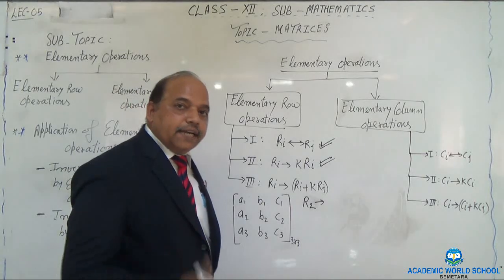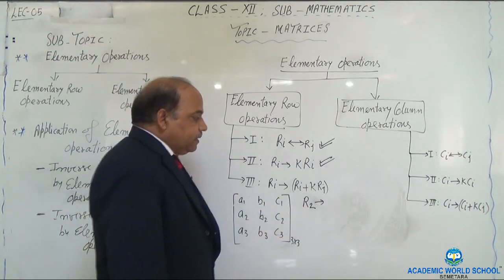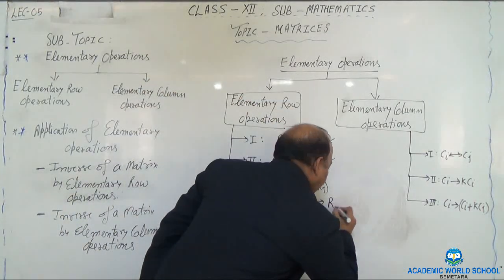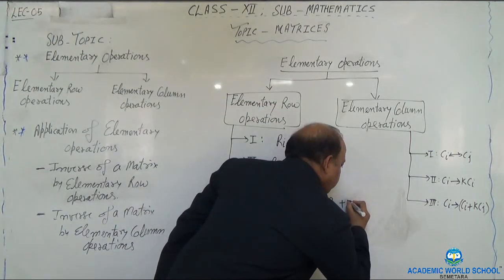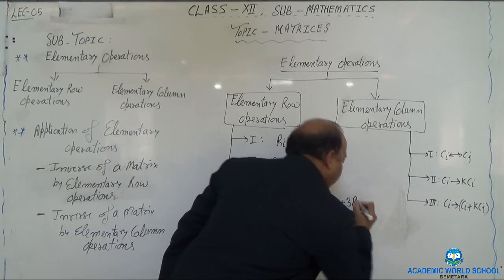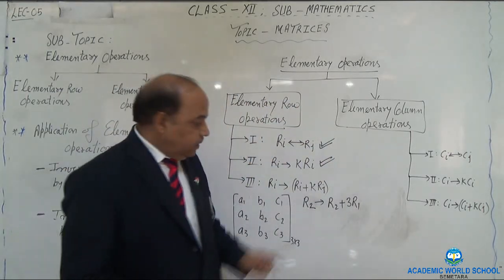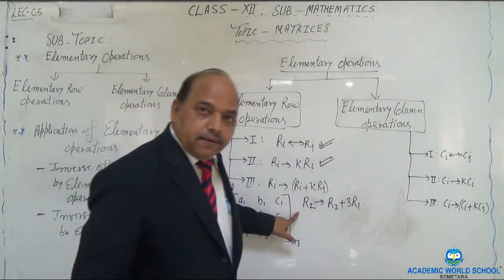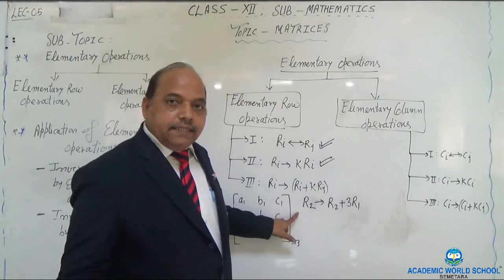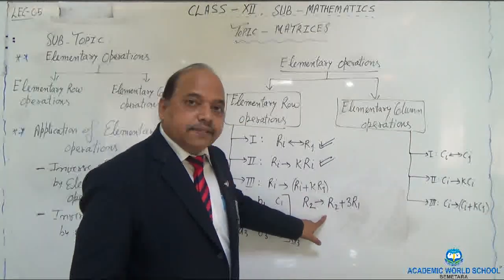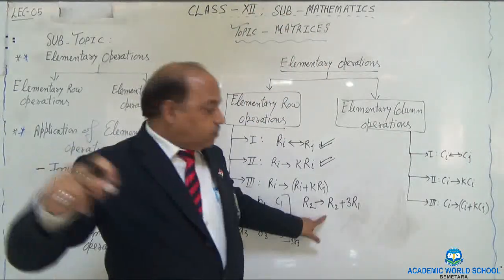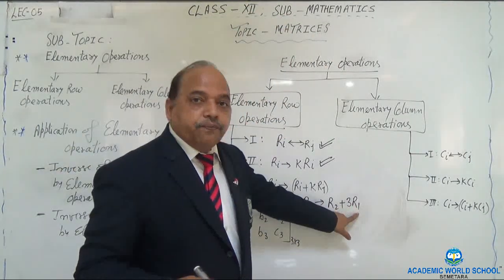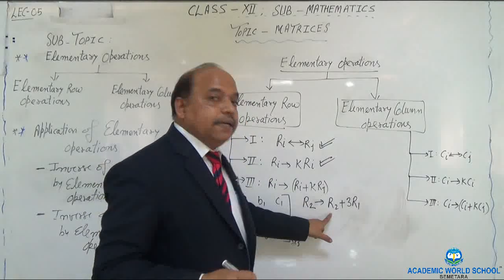What is the change? We are making that change in R2. We are adding, suppose, 3 times R1. In the elements of the second row, we are adding 3 times the elements of the first row.